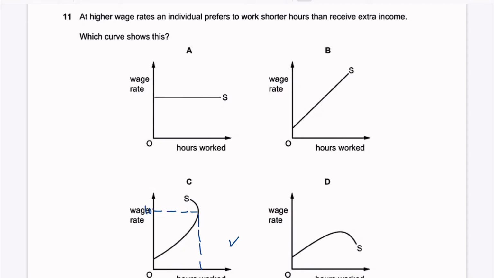Let's say this is 100 and this is maybe 8 hours of work. And now it increases to 120, and this is 6 hours, 7 hours of work.